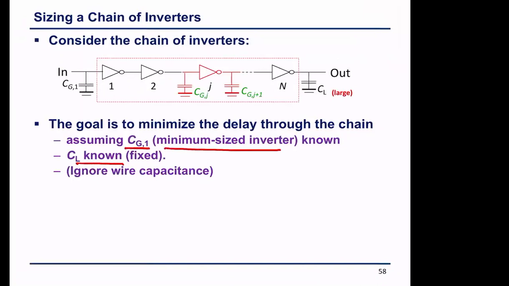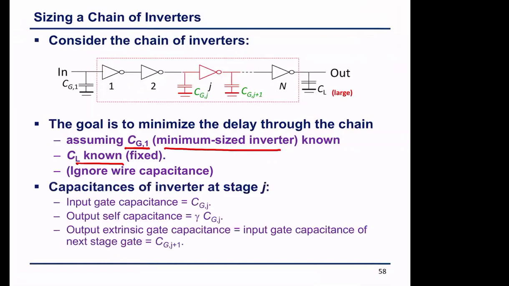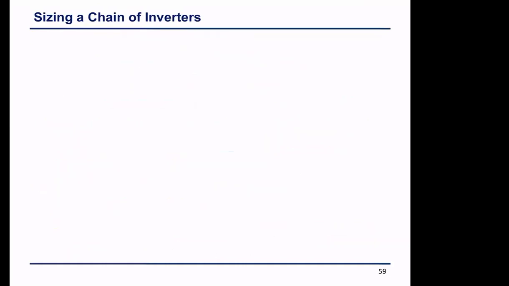For CG1 I will use a minimum sized inverter. I'm going, of course, to ignore the wire capacitance. So for any input at gate stage J, the gate input capacitance is CGJ, and the output self capacitance is gamma times that, and the next stage extrinsic capacitance is CGJ plus 1.